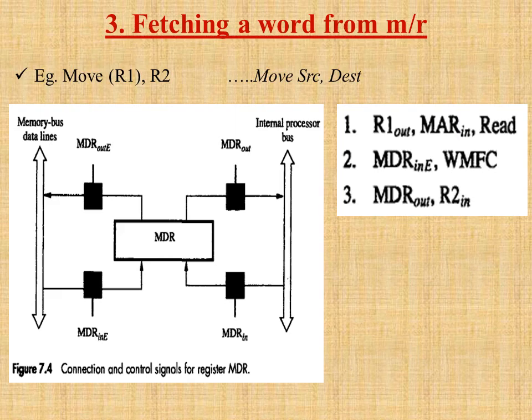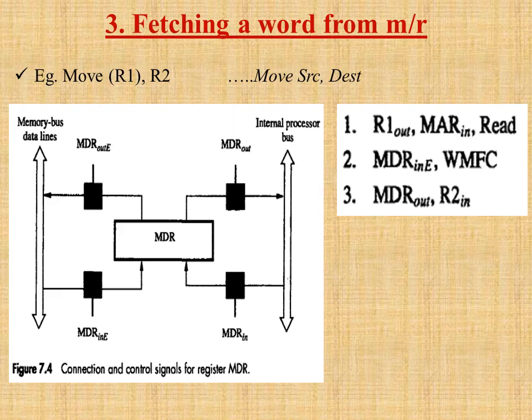If something is on the internal processor bus and you want to put it into the MDR register, MDR in will be activated, that is equal to 1, and MDR out will be equal to 0. If something is stored in the MDR which is to be supplied onto the internal processor bus, MDR out is equal to 1 and MDR in equals 0.